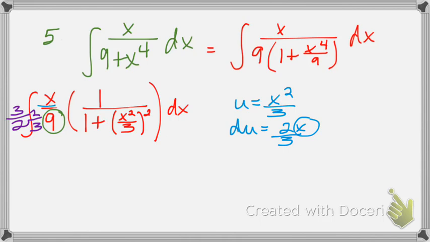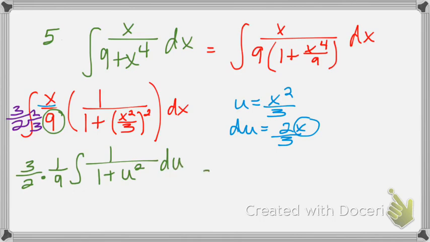That's not part of our problem. We're going to take it out with the 3/2. So then we have 1/6 arctan of u, or arctan of x squared over 3.